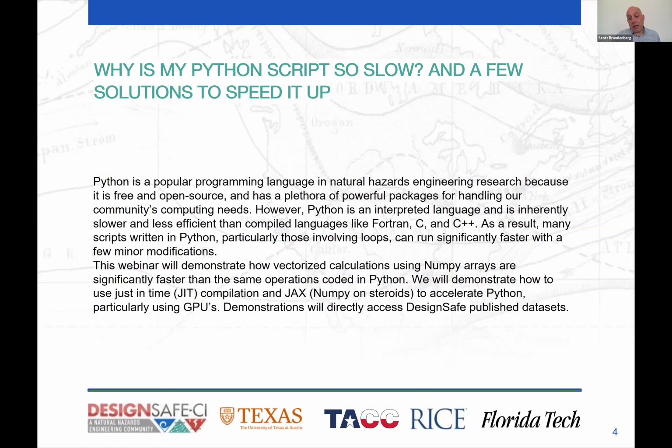We have over a petabyte of data now in Corral associated with the DesignSafe project. One way to get it is to download it, right? But you can access it directly. There's no reason to actually download published data. You just need to know the path of where to find it, and then you can pull it into your notebook. Since the data is published and has a DOI, that path will persist. So I'll show you how to get to different places to access data sets.